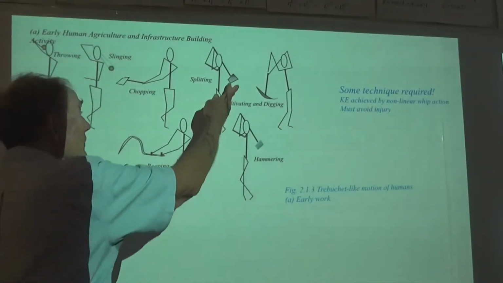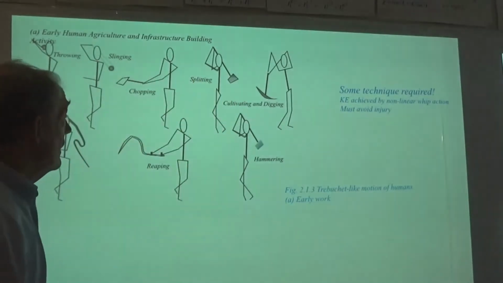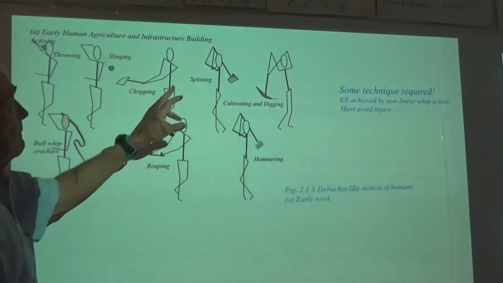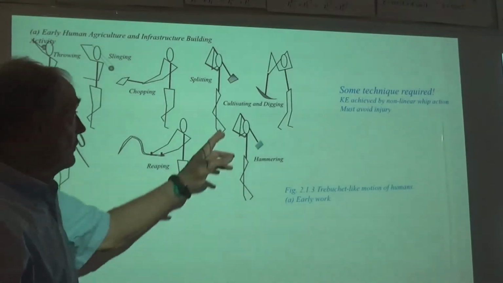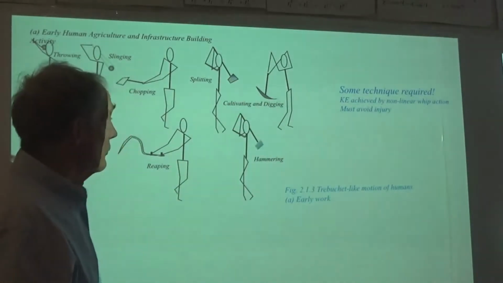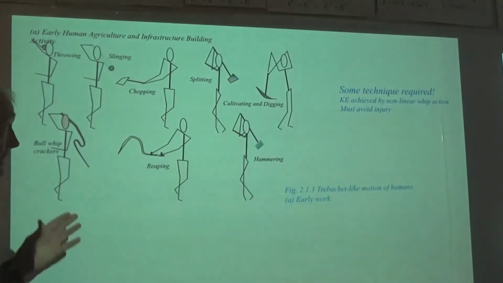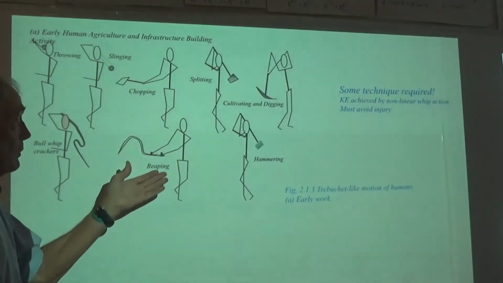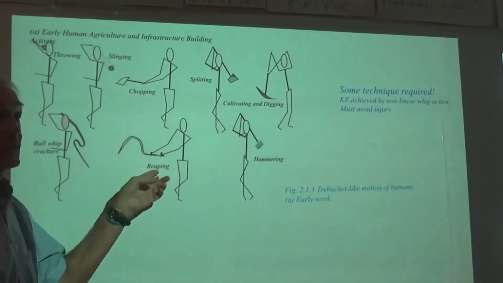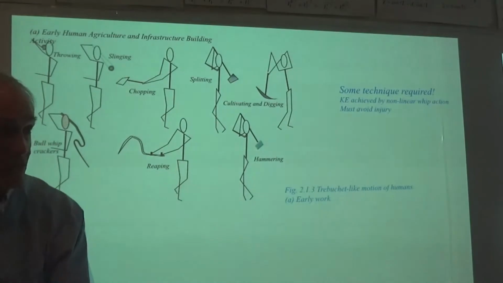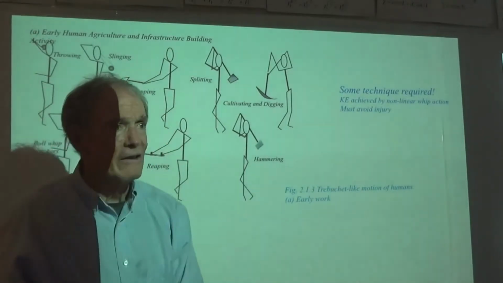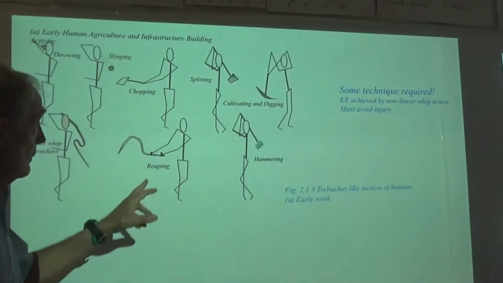You needed a piece of something that added some kinetic energy to chop or split, or just to cultivate, just to dig the soil. And then finally, when you got your grain fields working, you needed to do this. This motion right here is a trebuchet motion, 2 levers, very simple motion.